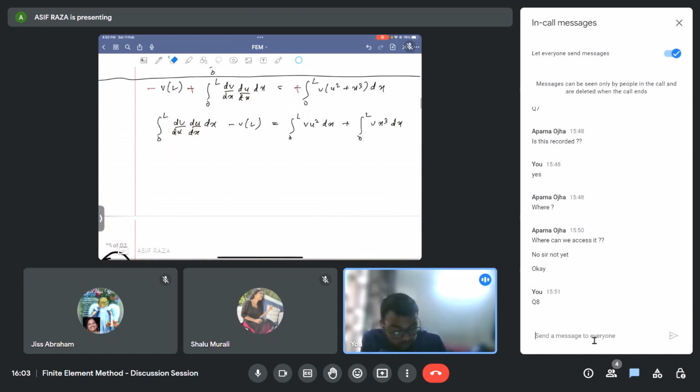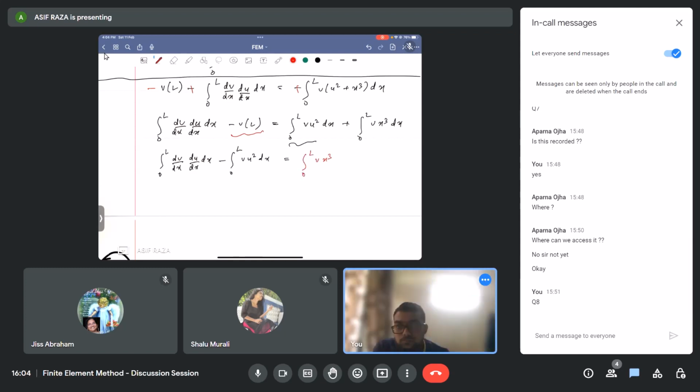So this thing can be again written as integral 0 to L dv by dx du by dx dx. Take this term on the left hand side, we'll have integral 0 to L V u square dx equal to, take this term on the right hand side.